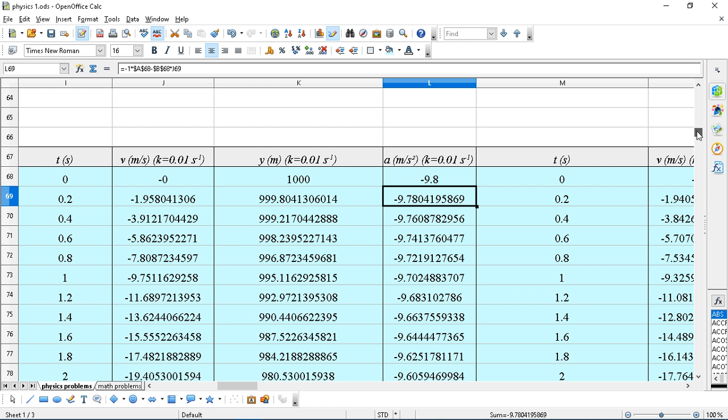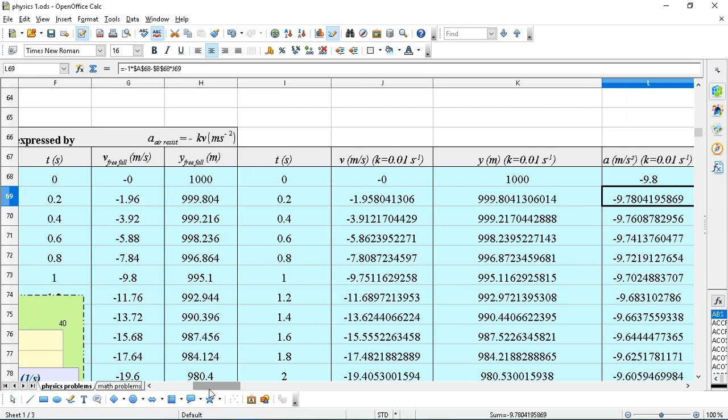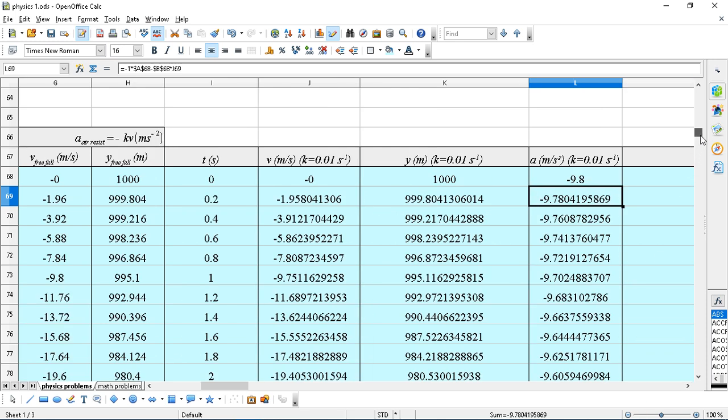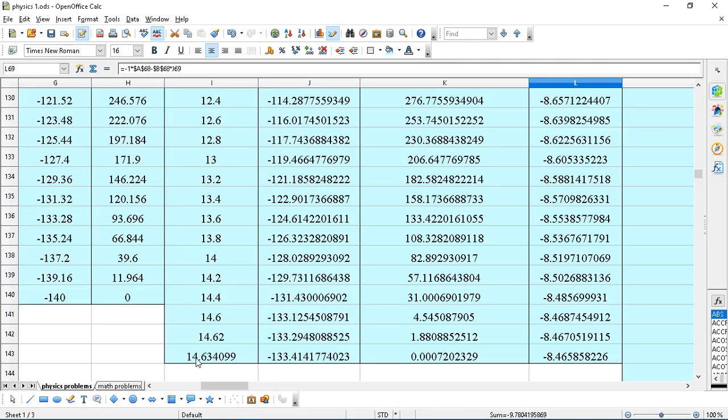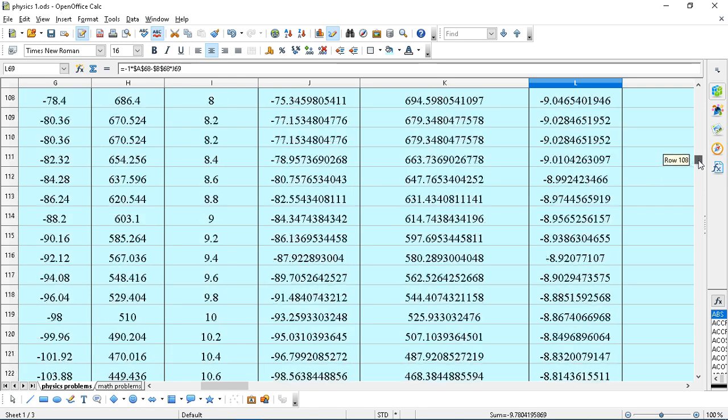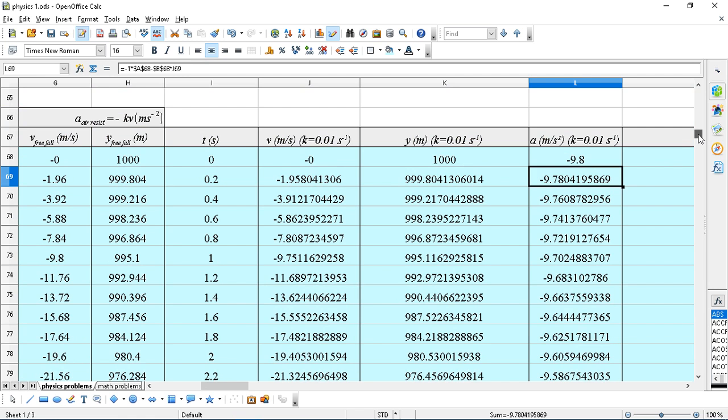Now you can see that the values of the acceleration, down to the time at which the object or the body approximately reaches the ground, reach minus 8.466 meters per second squared approximately, which is not very far off from minus 9.8.